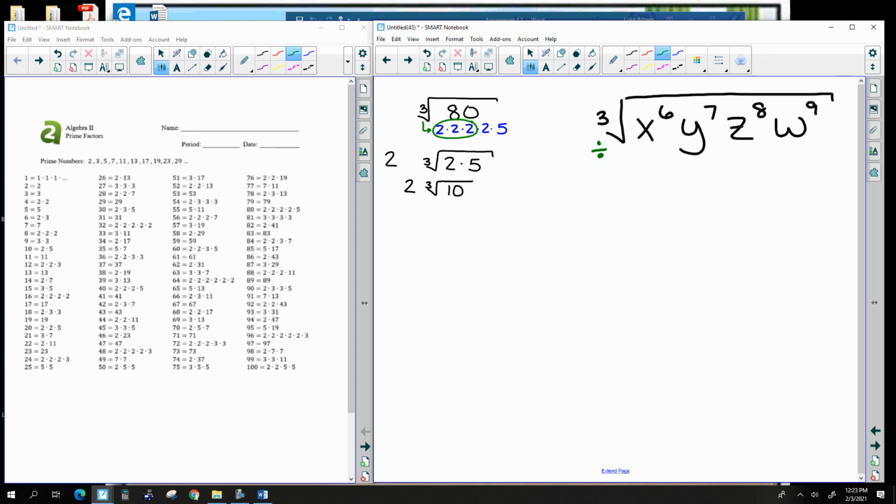So 6 divided by 3 comes to a perfect 2. 7 divided by 3 is 2, remainder 1. 8 divided by 3 is 2, remainder 2. 9 divided by 3 is a perfect 3.